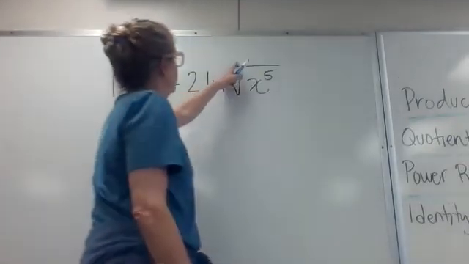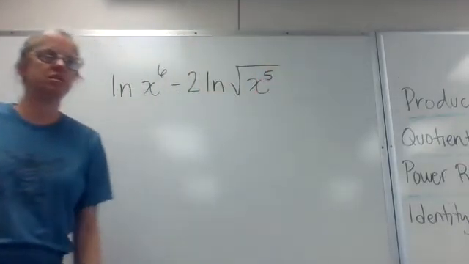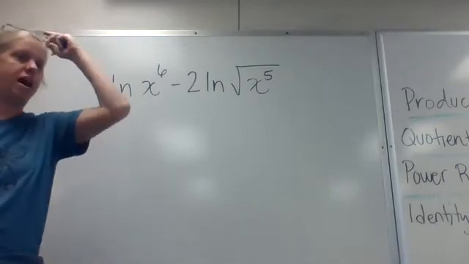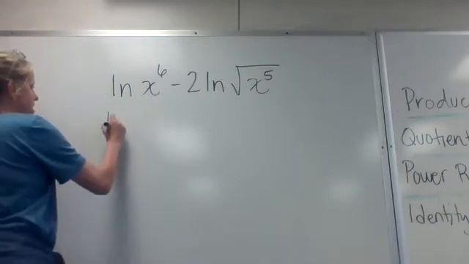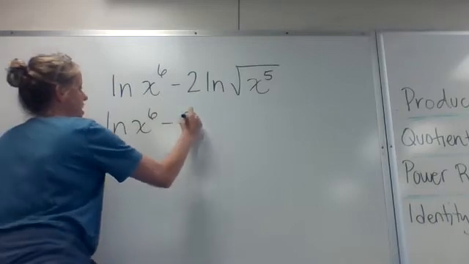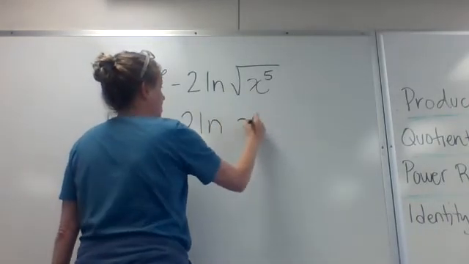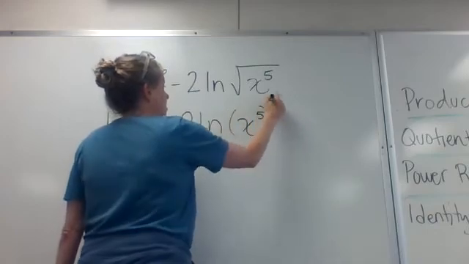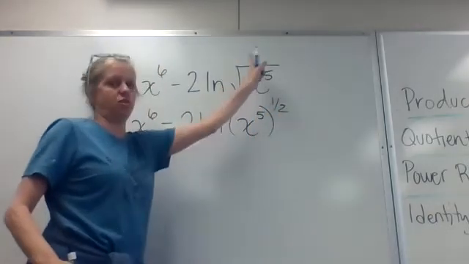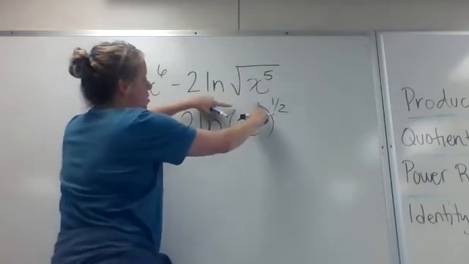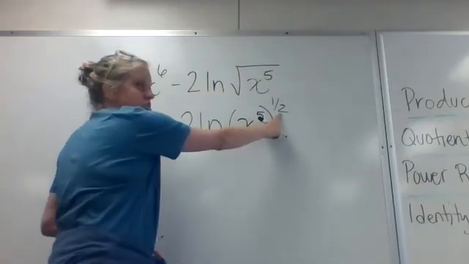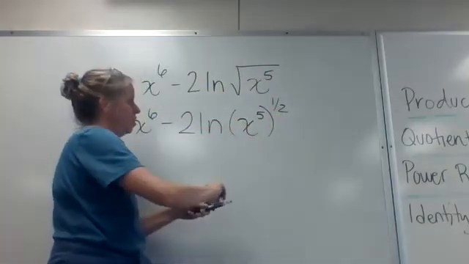First thing I'm going to do is turn that square root into a 1/2 power. So I've got ln of x to the 6 minus 2 ln of x to the 5th to the 1/2. All I've done is turn this square root around the x to the 5th into raising it to the 1/2 power.